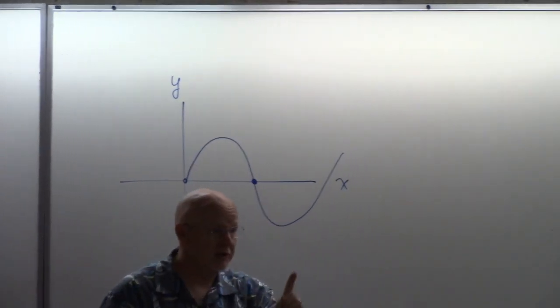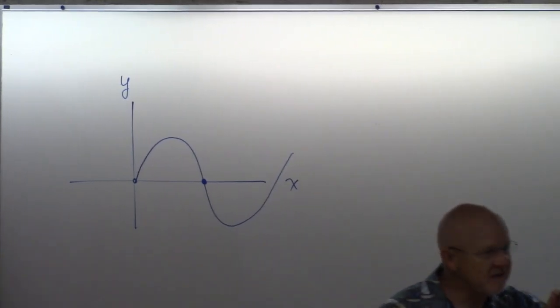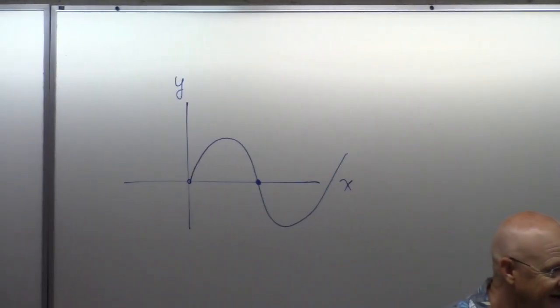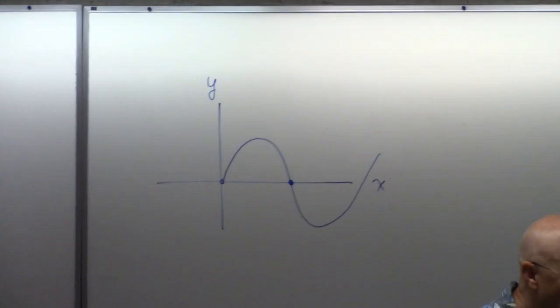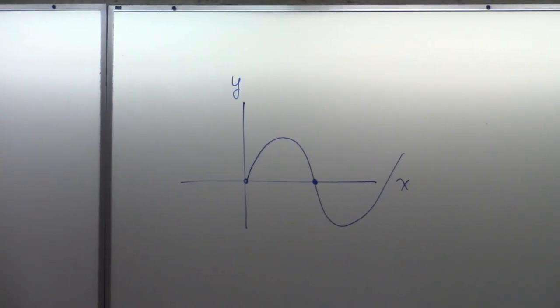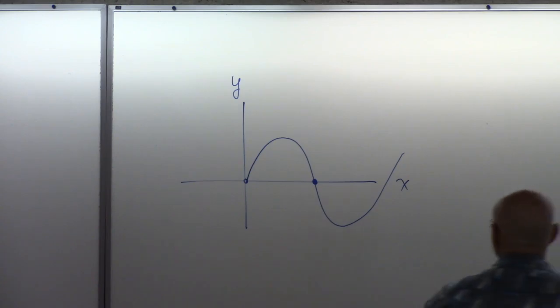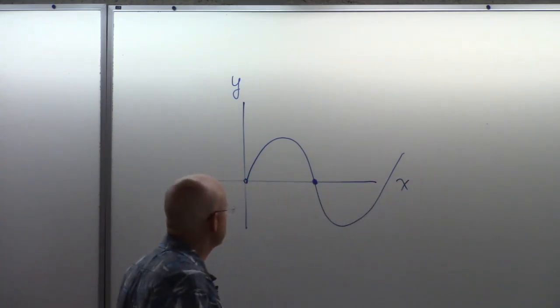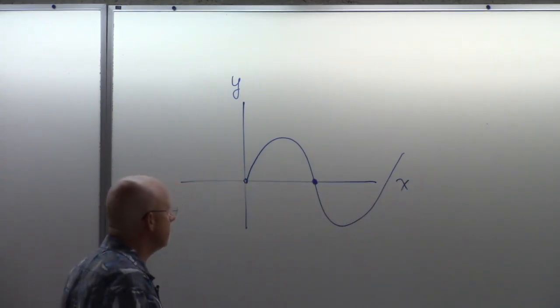I've got two questions for you. One, what is the value of the function right there? Two, what is the rate of change, or the slope, right there? Are those the inflection points?